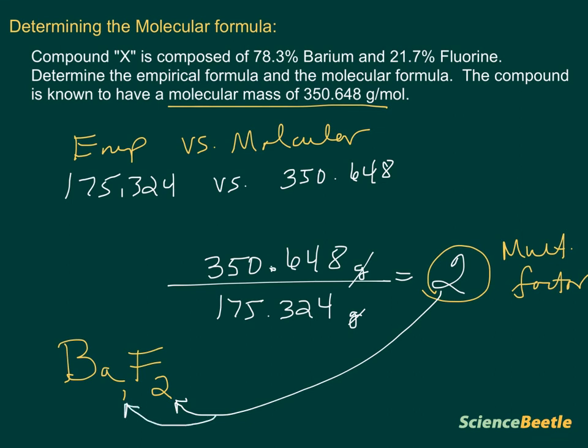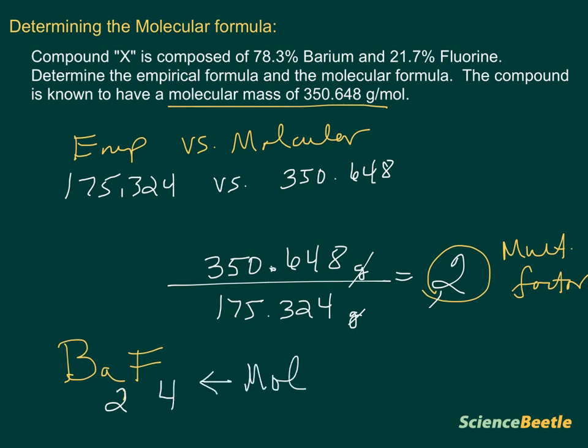When we do that, the 1 becomes a 2, and the 2, multiplied by 2, becomes a 4. So this here is the molecular formula.